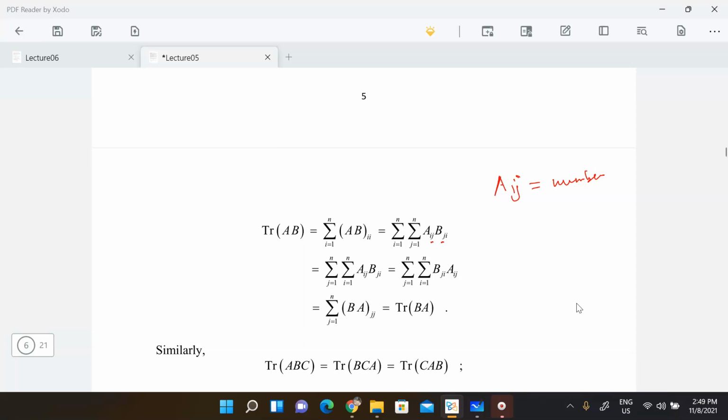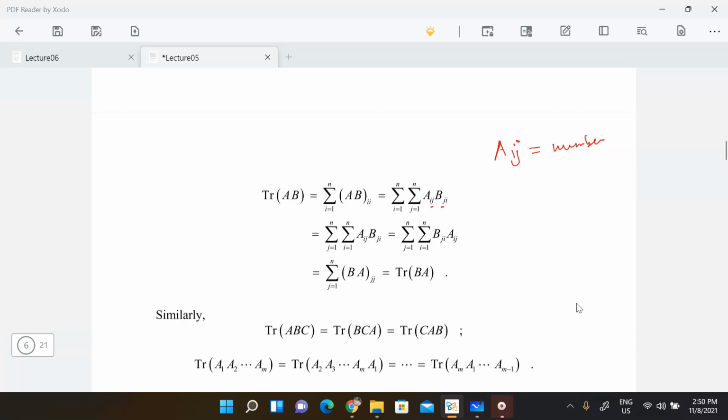And then this is precisely the matrix B multiplied by matrix A. And because you're taking the trace, you really get your matrix BA summed over the diagonal elements. So here you actually prove this in a much more general context, that trace of AB equals trace of BA.